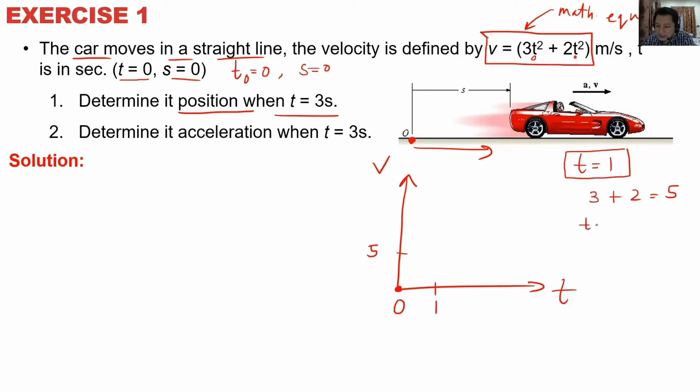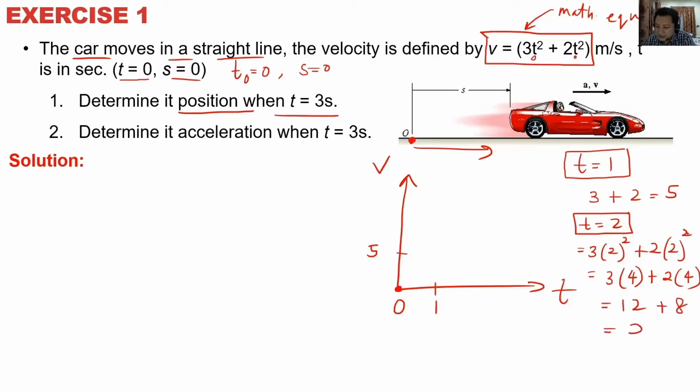If we put t equal to 2 then, 3 times 2 squared plus 2 times 2 squared. So what do you get? 3 multiplied by 4 plus 2 multiplied by 4. 12 plus 8, 20 meters per second.